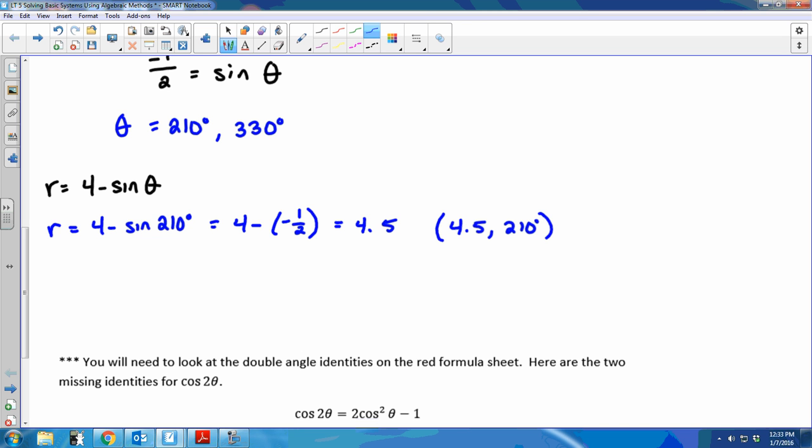Right, you still have a point, though. Correct. So you also substitute 330 into the equation. The sine of 330 is also negative 1/2. So you get the exact same thing we just had. So yeah, your point is 4.5, but this time with 330 degrees.